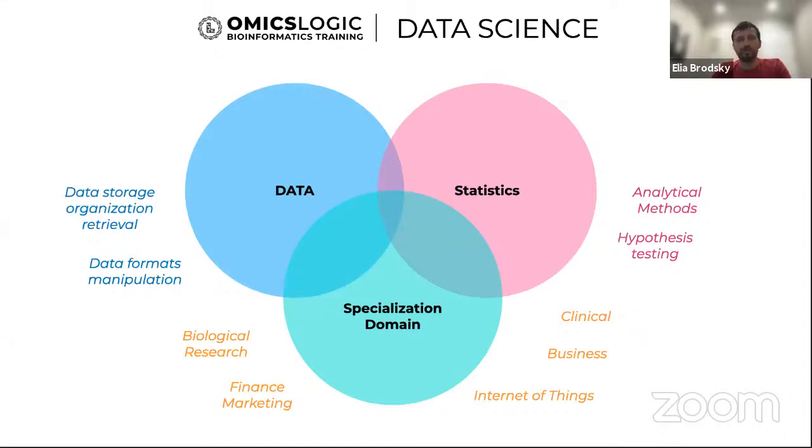But specifically, if we talk about biological data, there's going to be a specific additional level of specialization that we need to discuss. That will be the way that data is generated, and therefore, what are the specific questions that are being asked of that particular data set, and how can we later on interpret it?